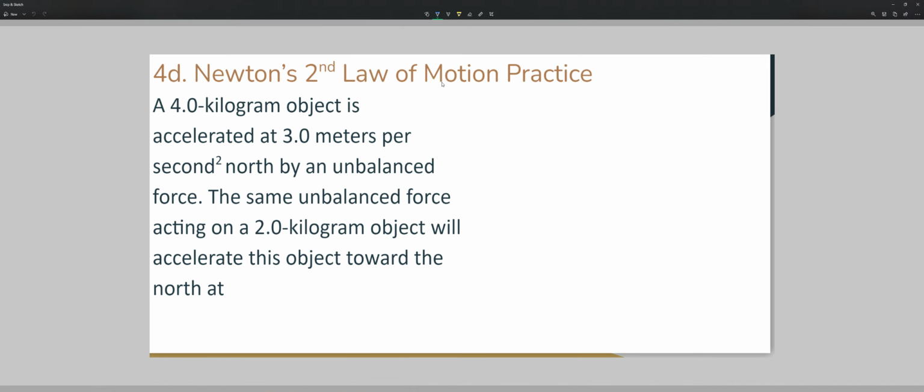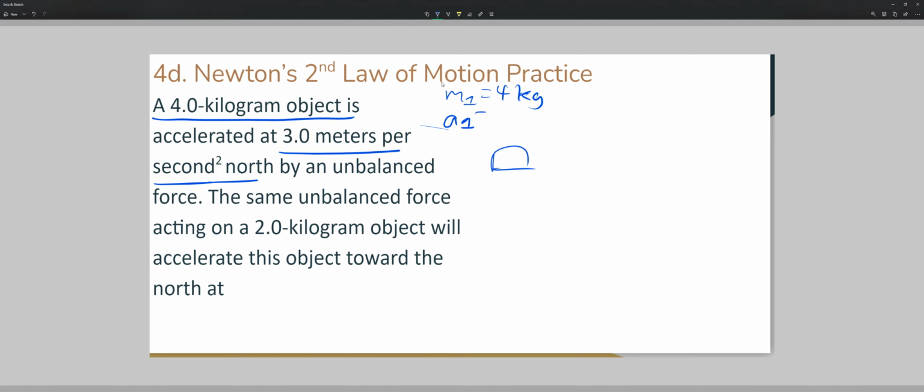4D is a pretty difficult question to understand. You have a 4 kilogram object, so let's say mass 1 is 4 kg. And you're accelerating it at 3 meters per second squared north.